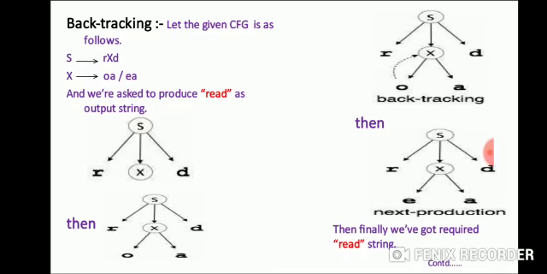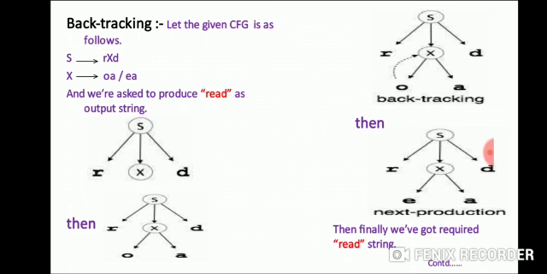Here is the example, guys. Let us consider that the CFG for backtracking is S produces RXD, the second production of our CFG is X produces OA, and the third production of the given grammar is X produces EA. And suppose we are asked to produce READ as an output string.